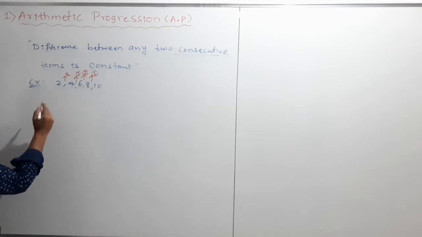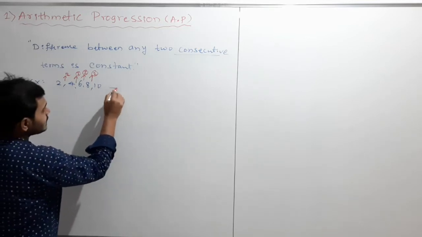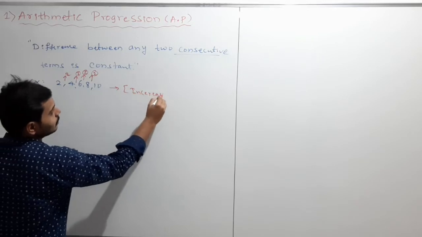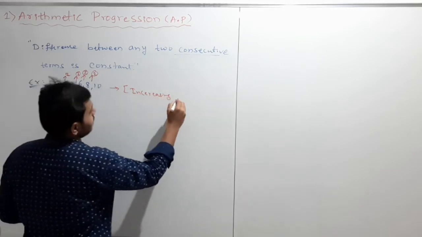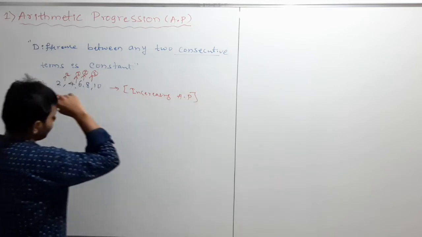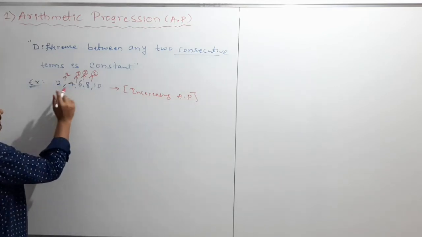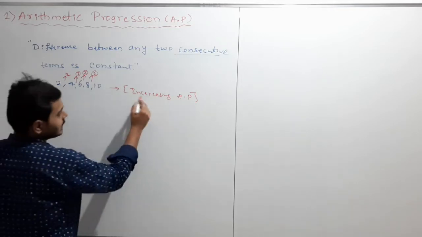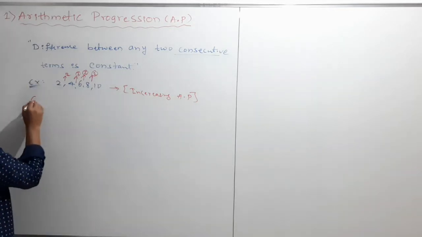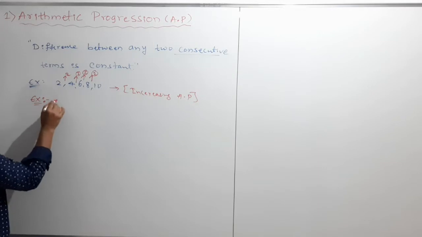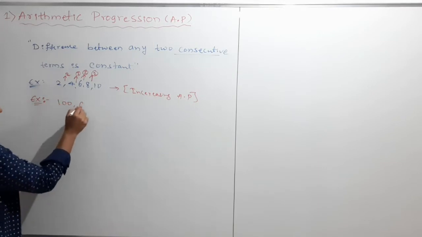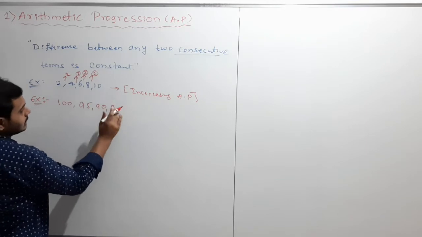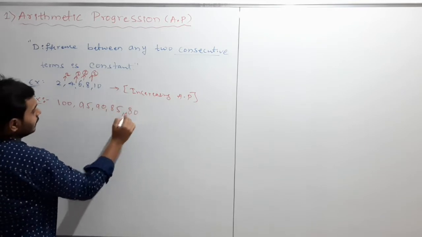So now my dear students, you can observe that this we can also call an increasing AP, arithmetic progression, because the terms of the sequence are increasing: 2, 4, 6, 8, 10. I'll take another example. You can take 100, 95, 90, 85, 80.